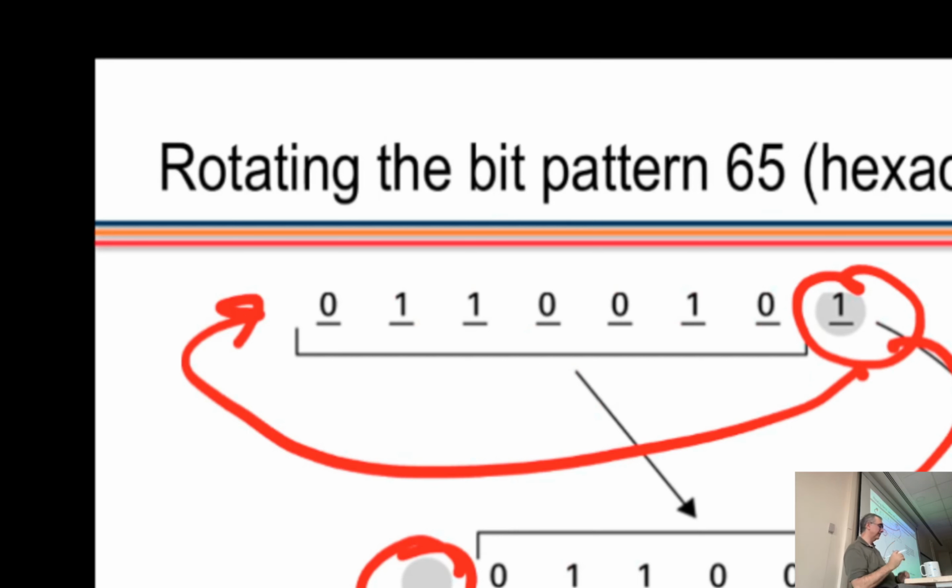Everything moves to the right, and the rightmost goes to the left. That is what we call rotate right. Why do we need that? Why might we need rotate right?